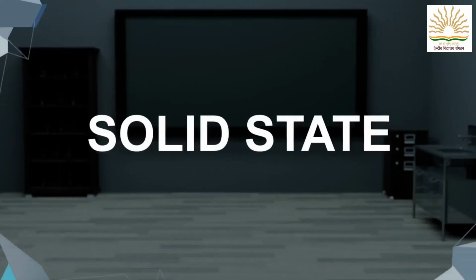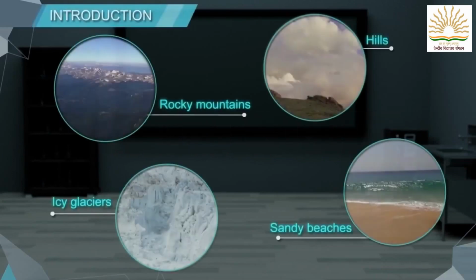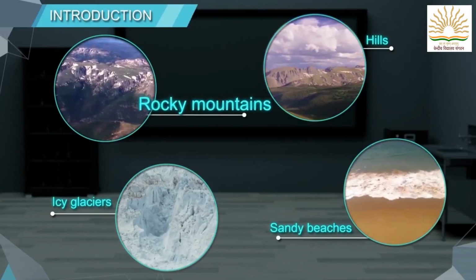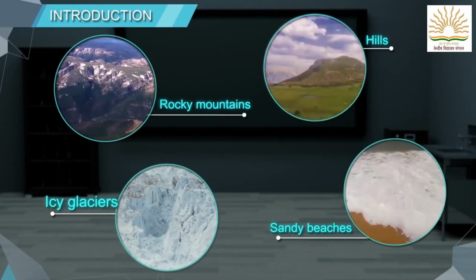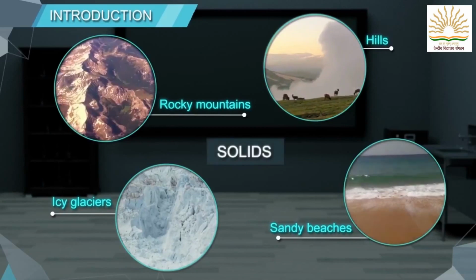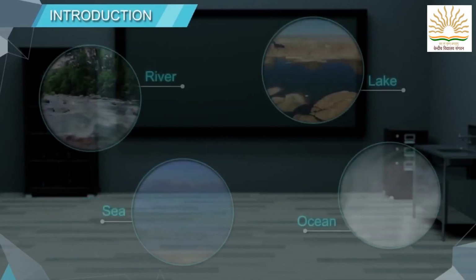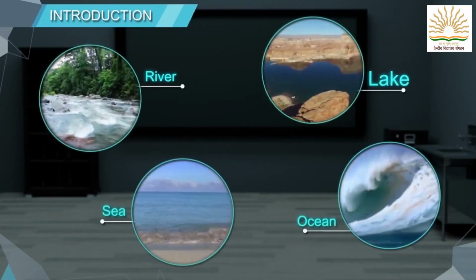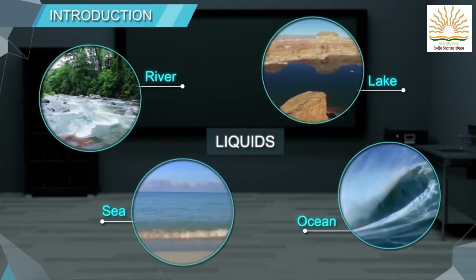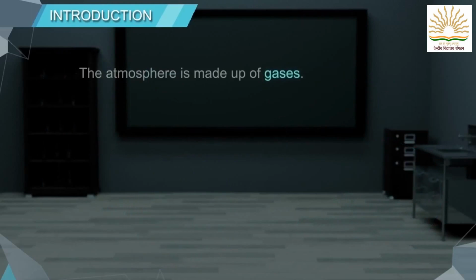In nature, we come across rocky mountains, hills, icy glaciers, and sandy beaches. These all are solids. Rivers, lakes, seas, and oceans are all liquid. The atmosphere is made up of gases.